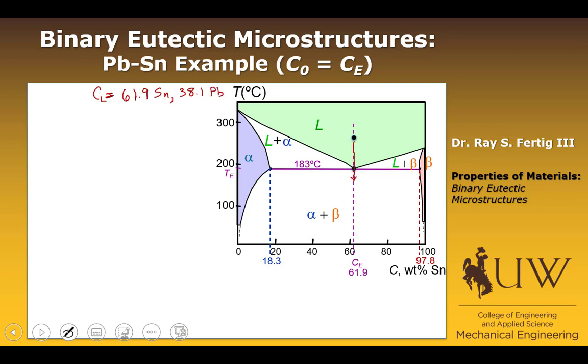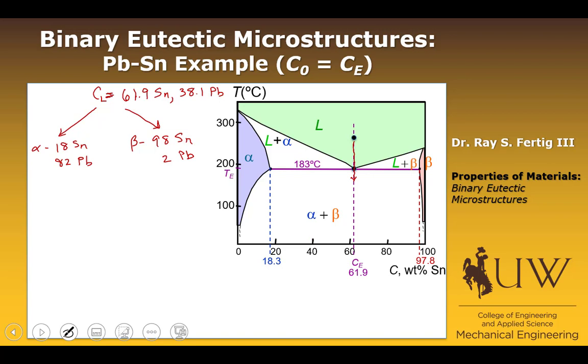Okay, that's going to need to split into an alpha phase that is roughly 18% tin, which makes this 82% lead, and a beta phase, which is about 98% tin, which makes it only 2% lead.